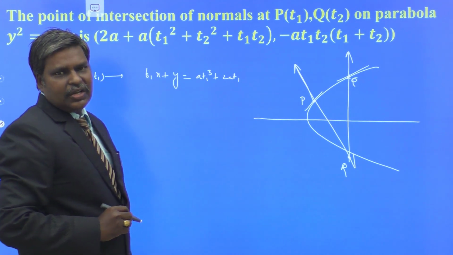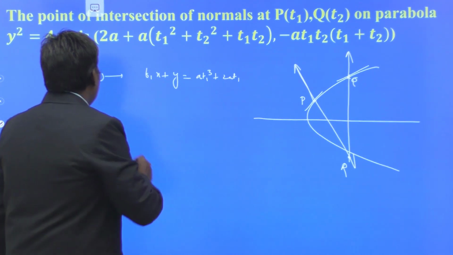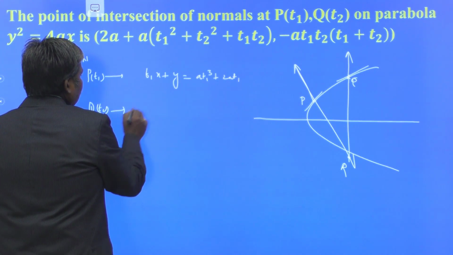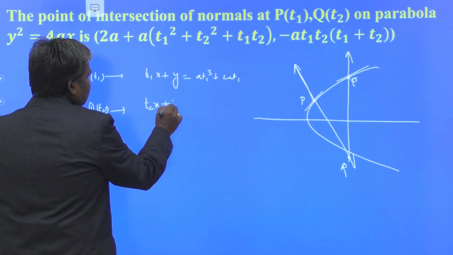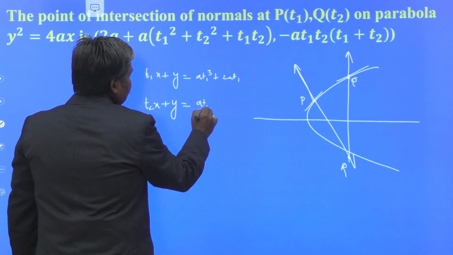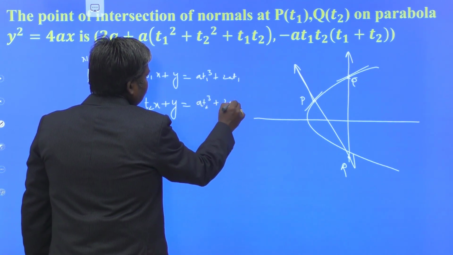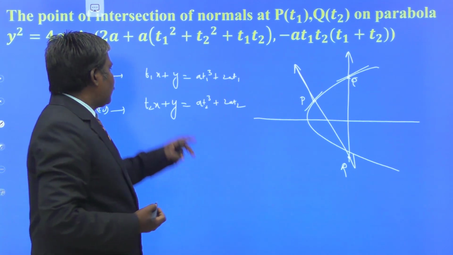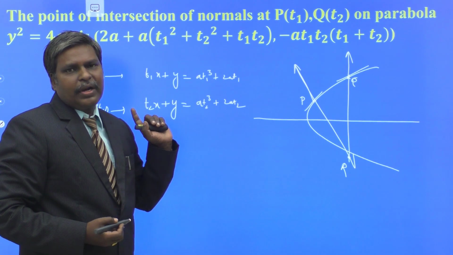This is the equation of normal at P of T1 to the parabola. What is the equation of normal at Q of T2? T2x plus y is equal to at2 cube plus 2at2. This is the equation of normal at Q of T2. By solving these two equations, we get the point of intersection.